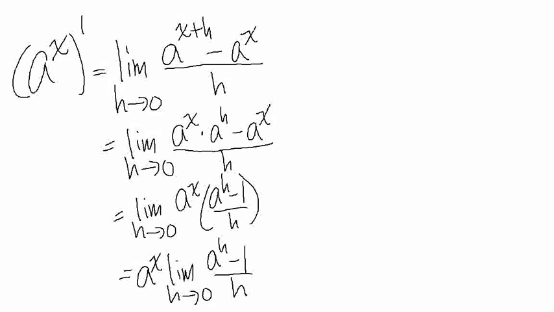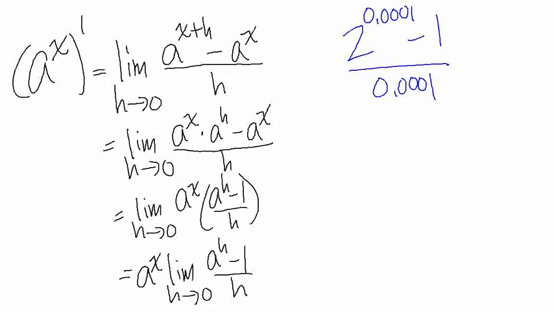For example, you could get a fast approximation to that limit for a equal to 2 by calculating 2 raised to the 0.0001 minus 1 all over 0.0001. So essentially pick a small value, replace h with that small value, and then evaluate that expression.